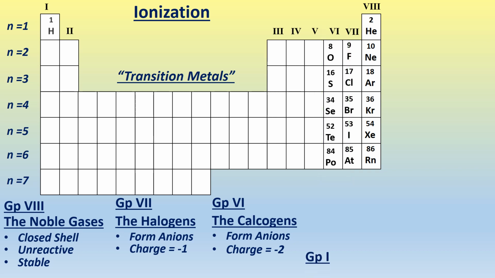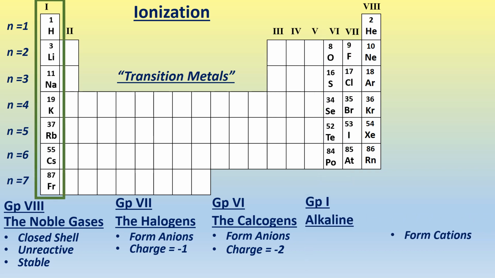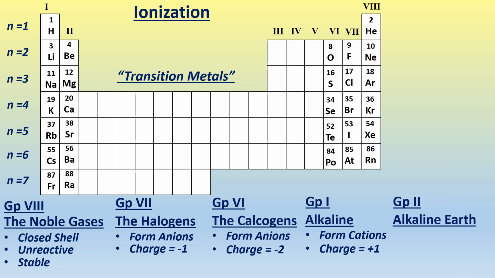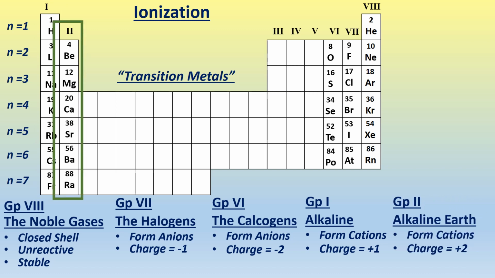Going to the left, group 1: to reach the nearest noble gas, it's easier to go backwards 1 than forwards 7, so everything in group 1 is a +1. And for the same reasoning, everything in group 2, the alkaline earths, will form a cation with a charge of +2.